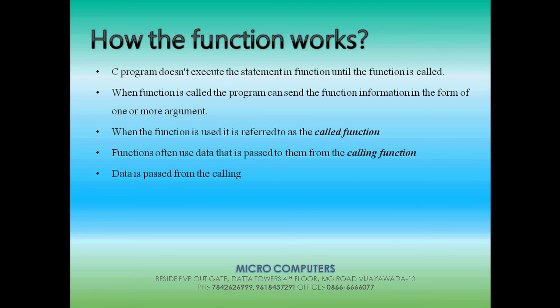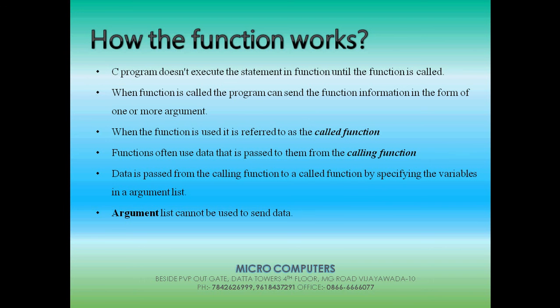Data is passed from the calling function to a called function by specifying the variables in an argument list. The argument list cannot be used to send data. It can only copy data, value, or variable that is passed from the calling function.